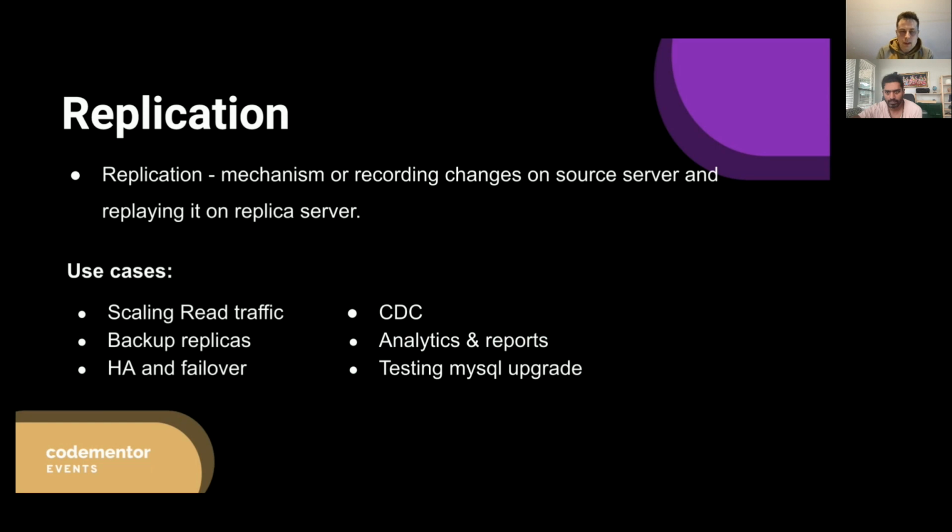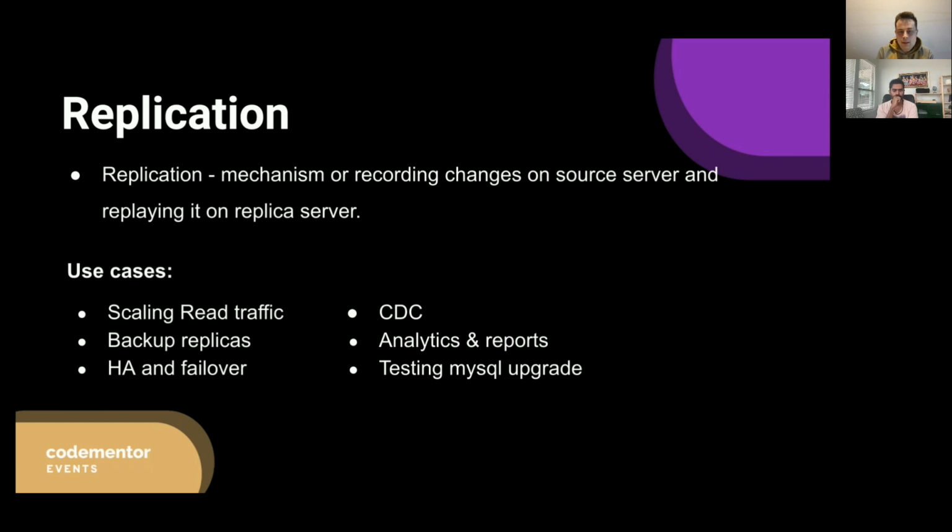So by replicating one master server to multiple replicas, you can spread read traffic across all servers, and it will work well. I've seen, I think, 17 replicas for a big online shop, and it works really well.